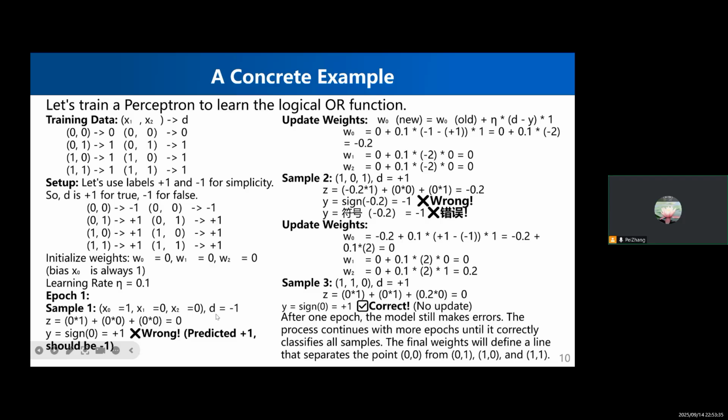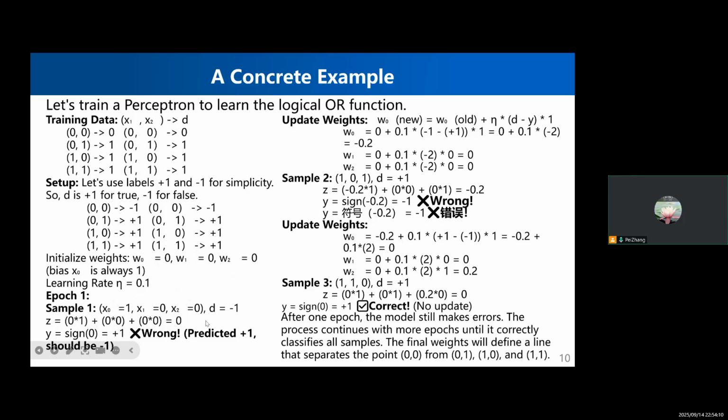The d value should be -1. We compute z equal to W0, which is 0, multiplied by x0, 1, plus W1 multiplied by x1 plus W2 multiplied by x2. So the value is equal to 0. The output y, using the sign function, of 0 is equal to +1.